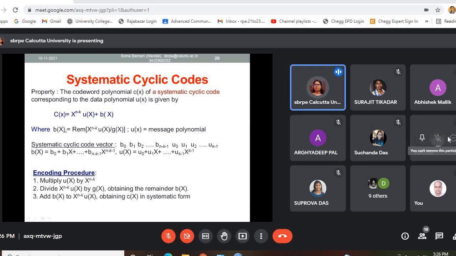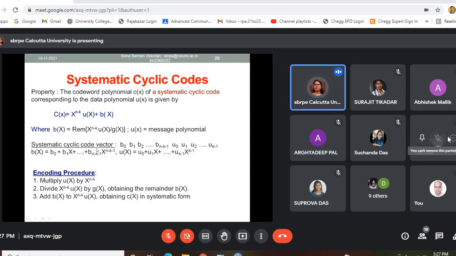How can you generate b(x)? b(x) is found by dividing x to the power n minus k U(x) by the generator polynomial, and the remainder is your b(x). After division, the remainder gives you the parity bits, which are added with the message bits.